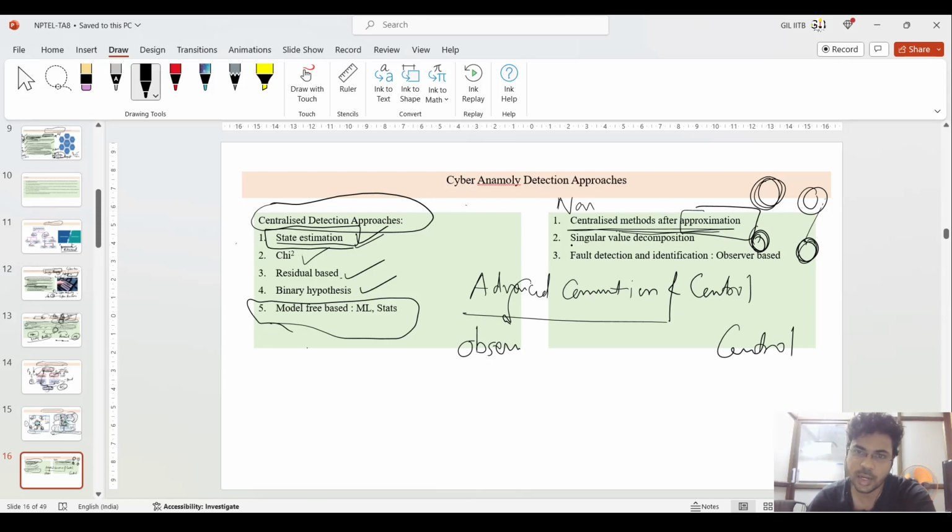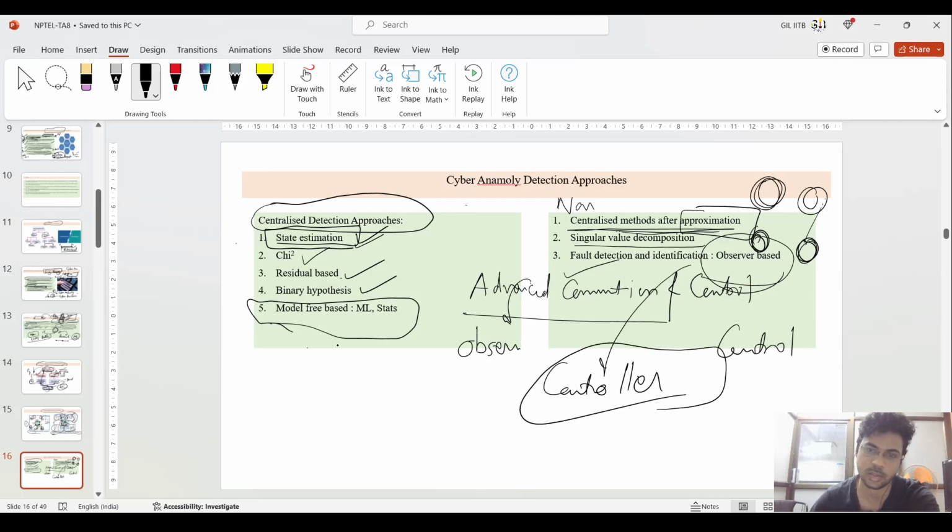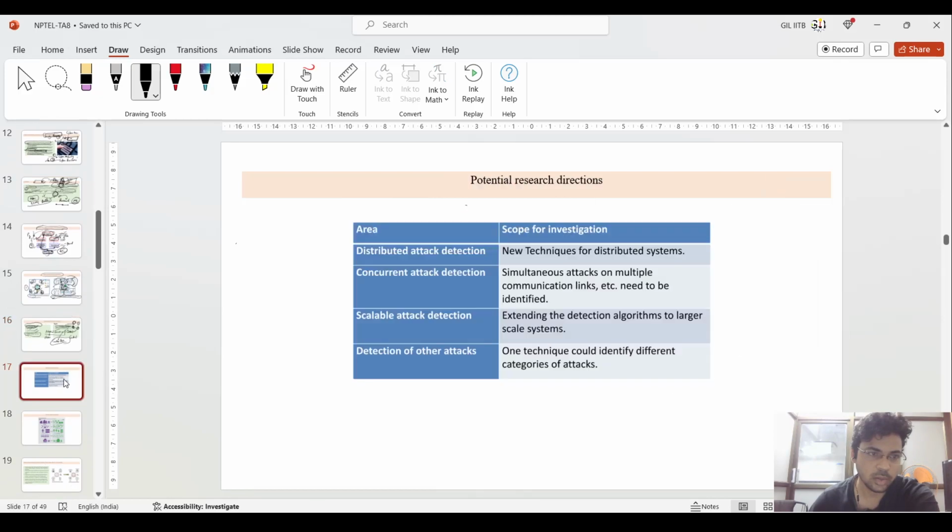So you can approximate the situation which is already there in the centralized system and install it in those pockets. And second is the singular value decomposition based methods, and the other is the fault detection identification, that is observer based. Here the controller part is there, what I was previously asked.